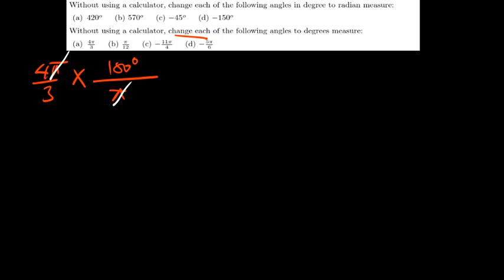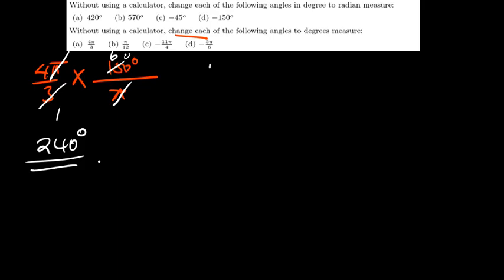Then 3 into 18 is 6. So now we have 3 into 180, which is 60. So 60 times 4, that is 240. So my 240 degrees is my answer in this case.